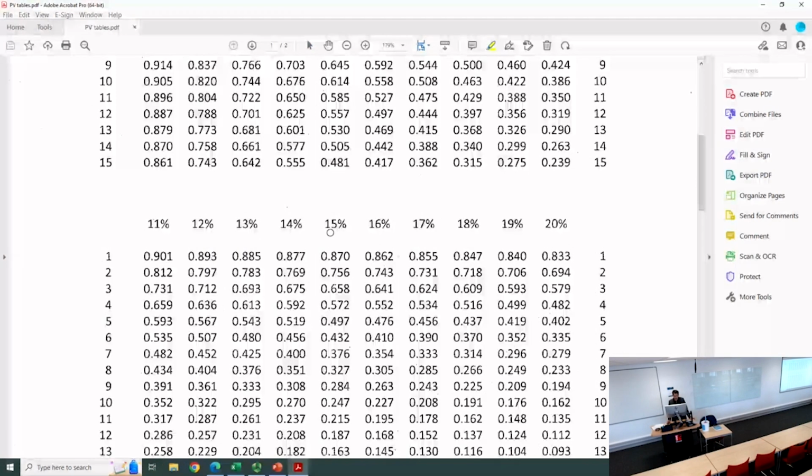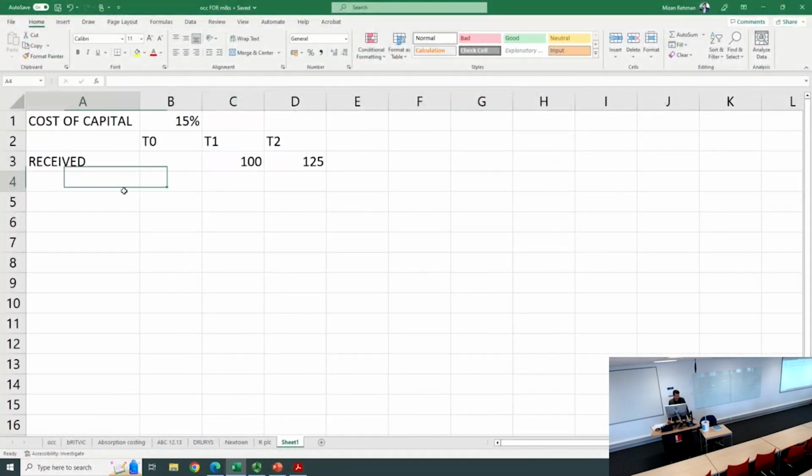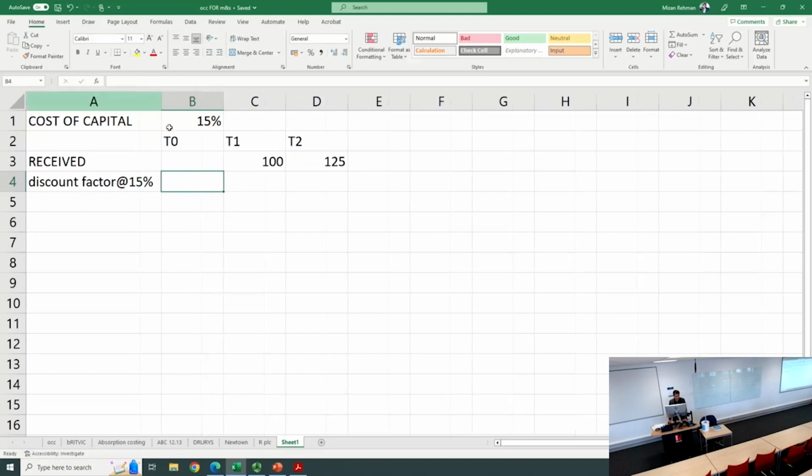So first thing to highlight is 15%. Then after year 1, the value of £1 is 0.87, and after year 2, the value of £1 is 0.756. We pick these values and we type these here. Factor at 15%: 0.87 and 0.756.